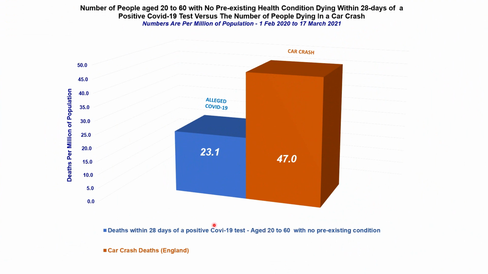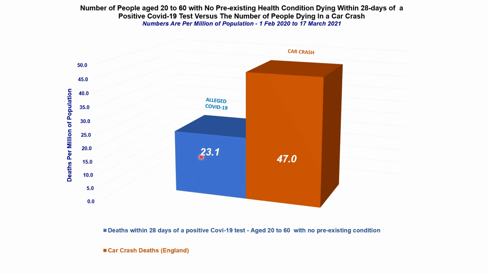And this was coming back to the car accidents. These are people in hospital. So people who are perfectly healthy, 23.1 people per million have died. In the age group of 20 to 60, car driving age, 23.1 people have died within 28 days of a positive test in hospital.